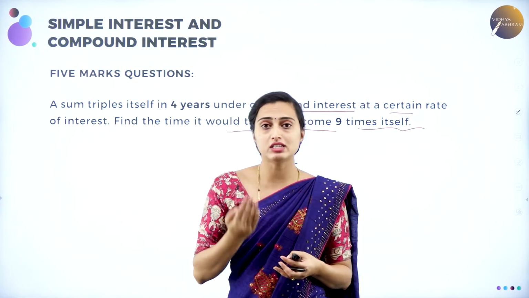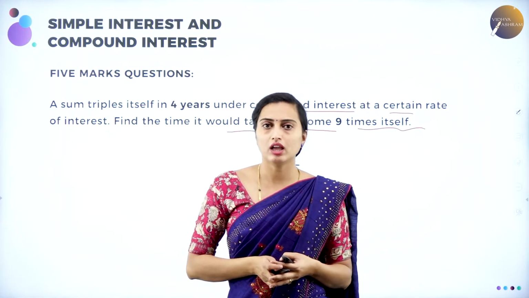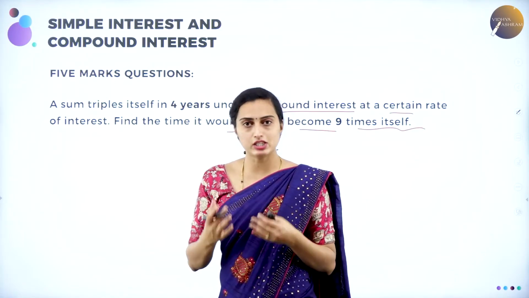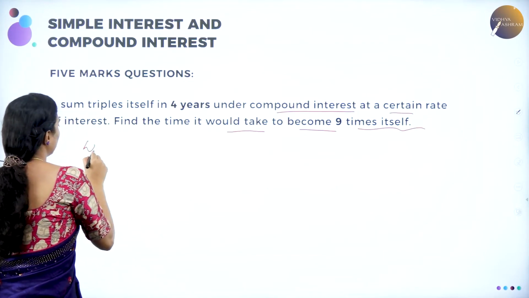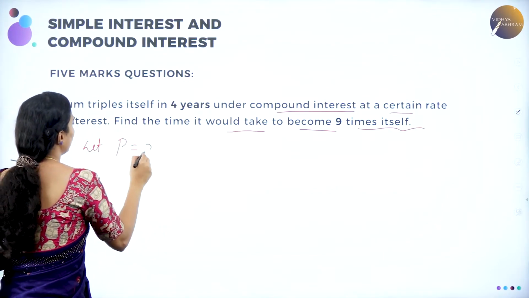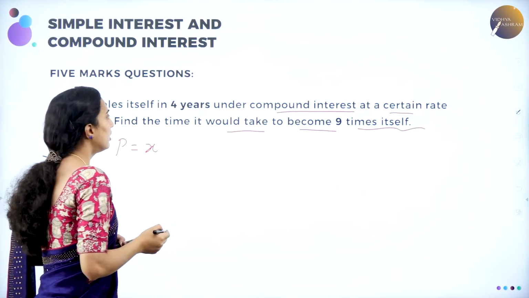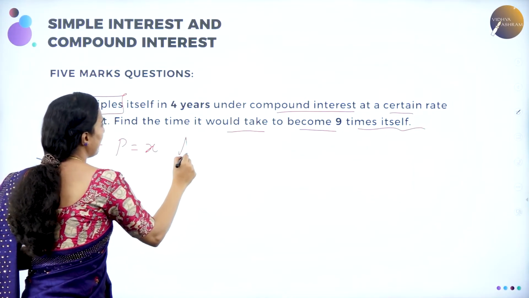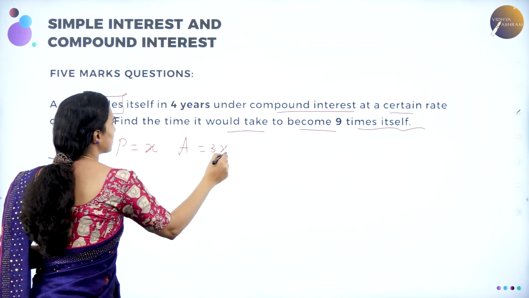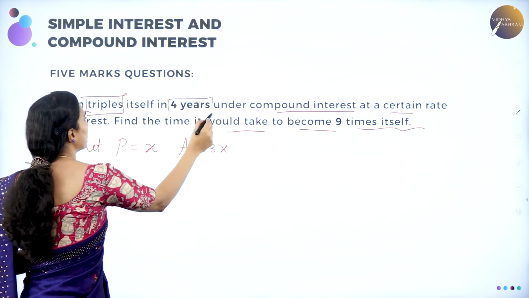Okay. First, let us find out by assuming let P is equals to x. So you are going to have the sum triples. Triples means A will be equals to 3x. Number of years they have given it as 4 years.